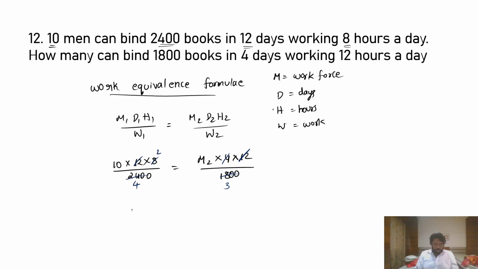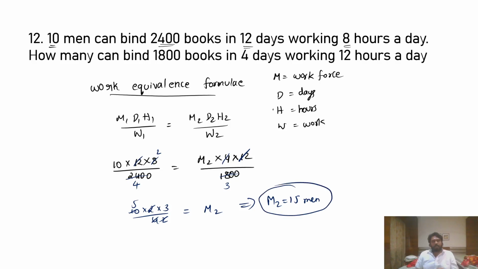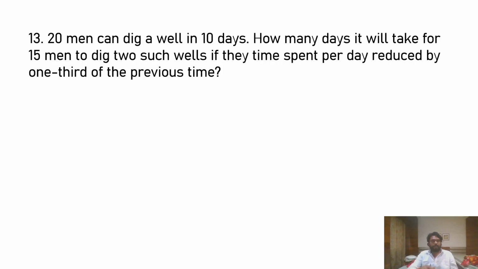So 10 into 2 into 3 by 4 is nothing but M2. So 2 ones, 2 twos, 2 ones, 2 fives. 5 threes are 15 men. So this is how you can solve this problem. I hope you understand. Let us move on to next.